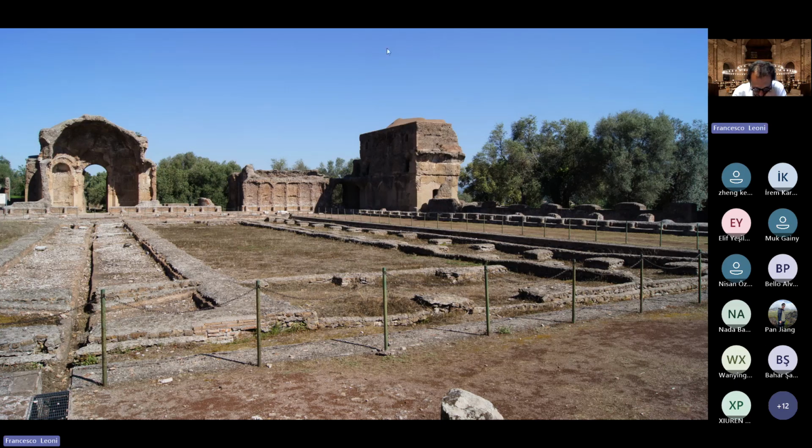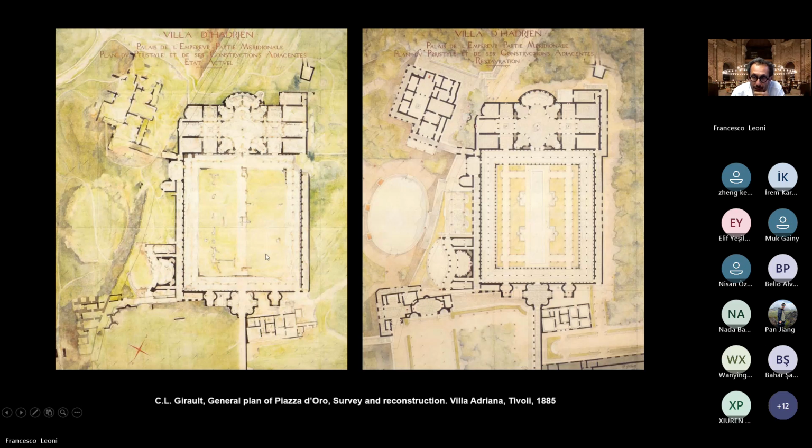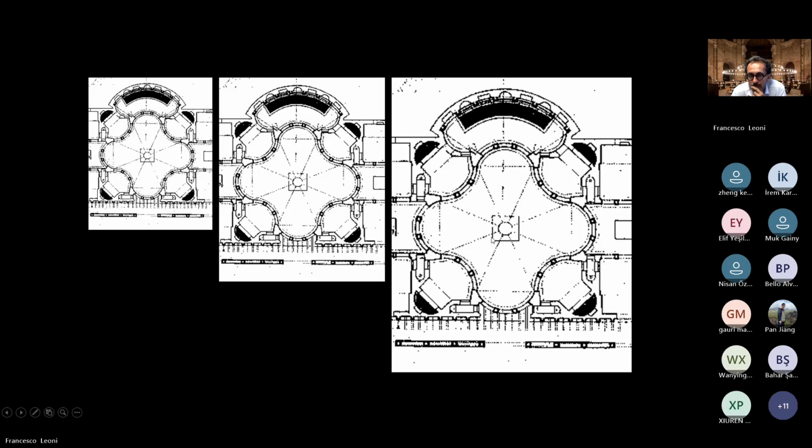As I told you, the main important pivotal point in Villa Adriana insists in Piazza d'Oro, of which you can see here one photograph. Again, you can see on the left part a survey of Piazza d'Oro, and on the right part a possible reconstruction of the original complex.